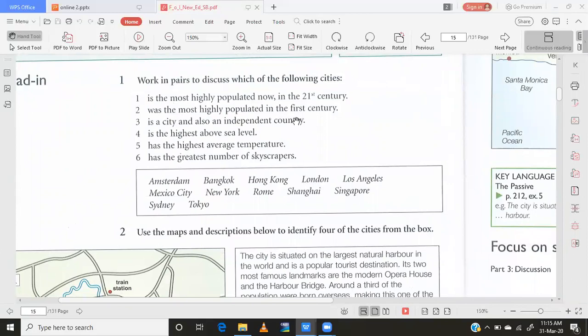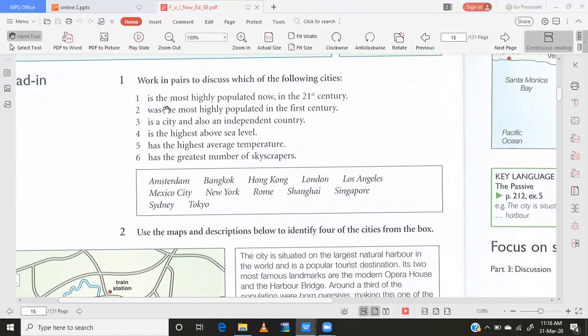Let's discuss these questions to get general information for ourselves. Let me open my book. At the same time, I will give you the correct answers here.